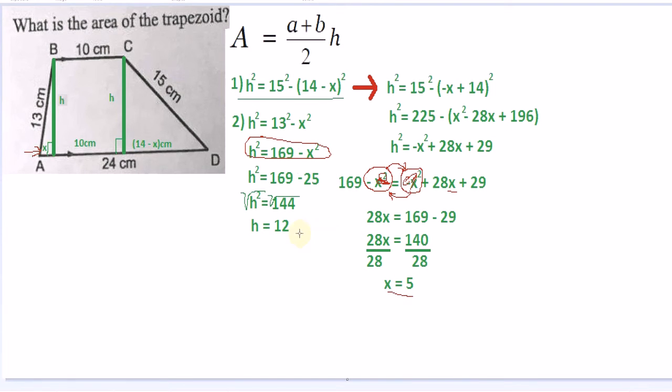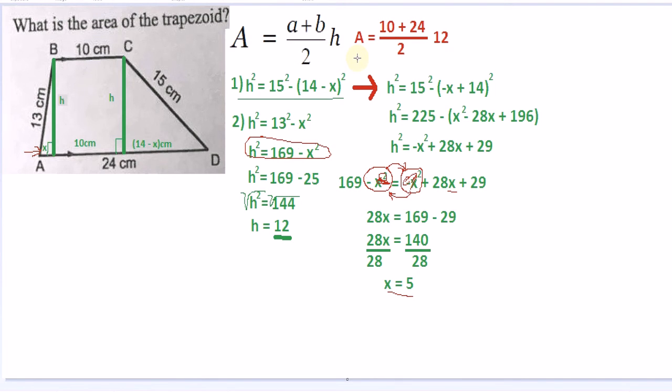Now that's great, because now we can take this 12 right here and we can just go right back up into our equation here and put a 12 here. So again, A is 10 centimeters, B is 24 centimeters, and H is 12. So I'm going to bring it all back up here next to our copy of the formula for finding the area.